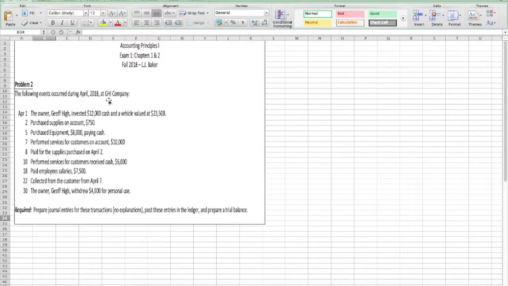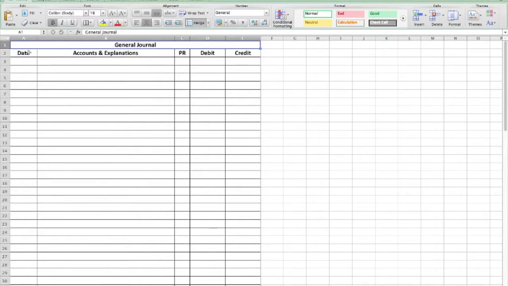Alright, so this says the following events occurred during April of 2018 at GHI Company. It says the owner, Jeff High, invested $12,000 cash and a vehicle valued at $23,500. So I'm going to go over here to my journal. The first thing that I'm going to need in the top left corner is the year. Then I'm going to need the date.